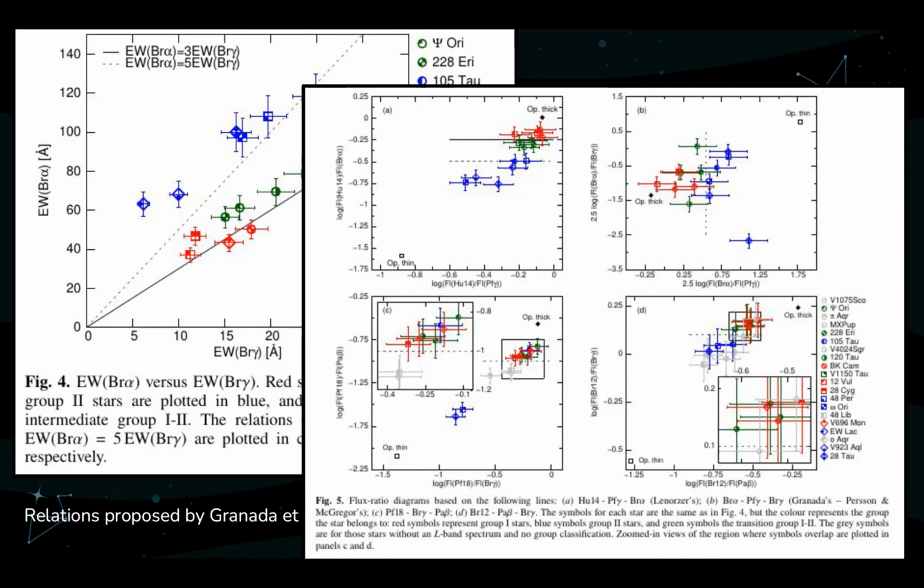So here you have almost only green and red. There is a blue dot here, but it's over this line, so it can be moving from one group to another because these stars are also variable and the envelope is not stable, so it can be developing or it can be losing its disk.